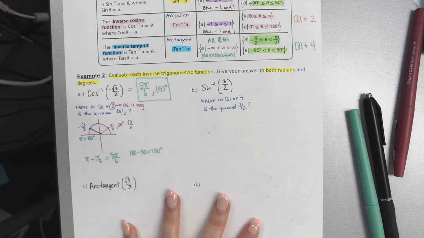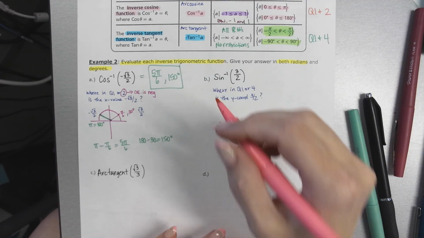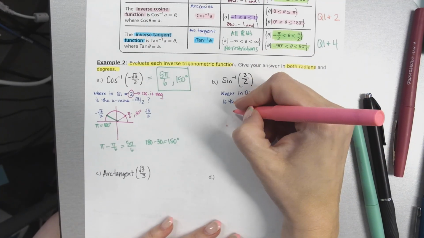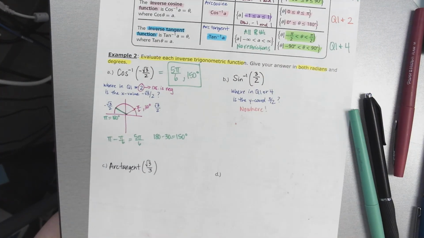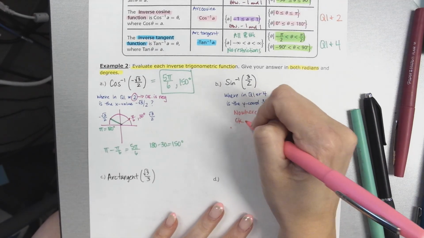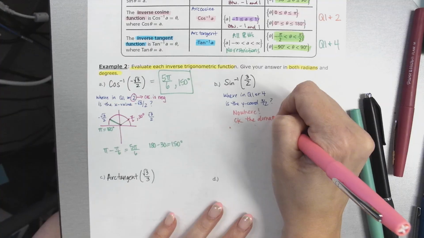Now we have y coordinates that are root 3 over 2, but not 3 over 2. Okay, so the answer to this is a little bit tricky. It's nowhere.